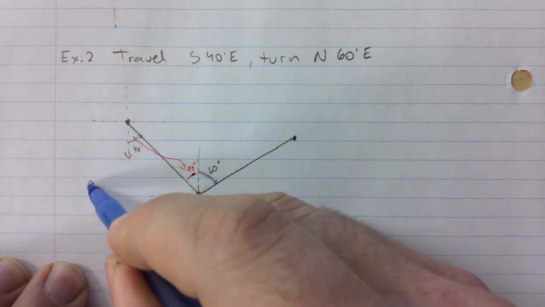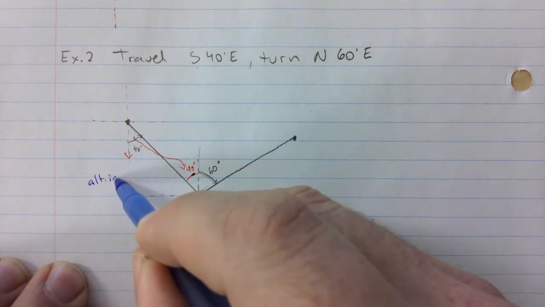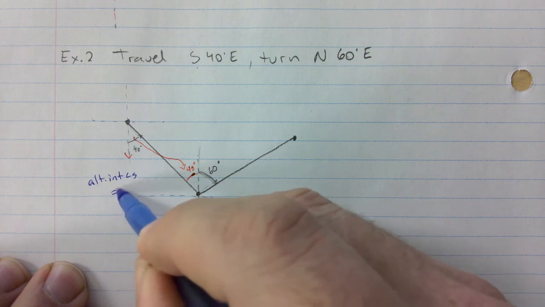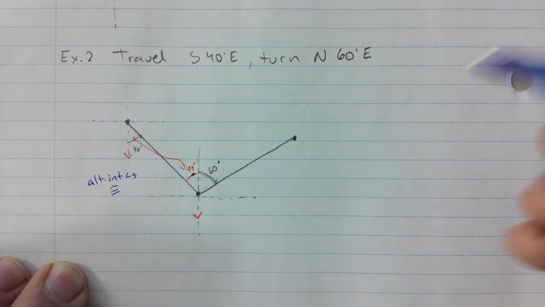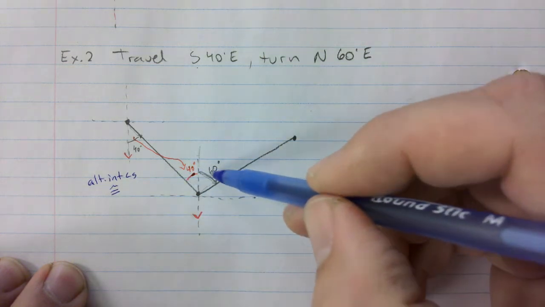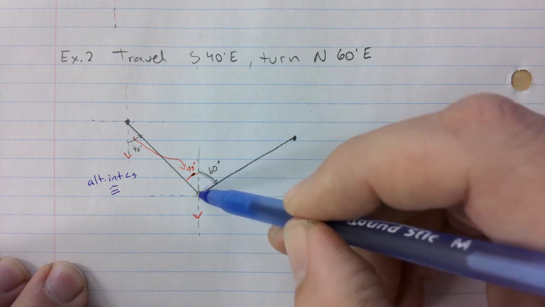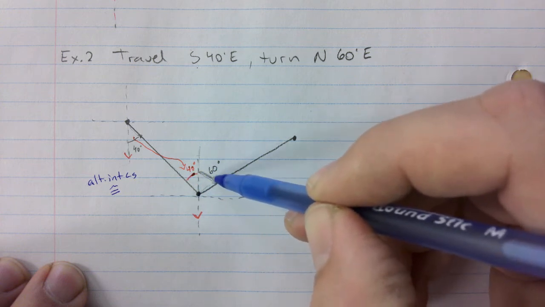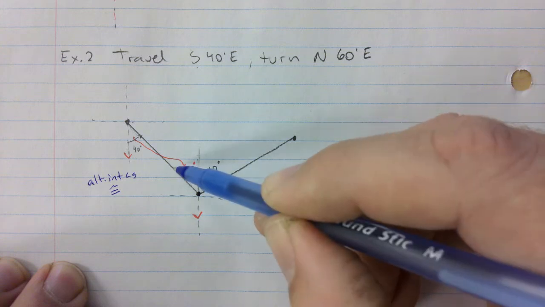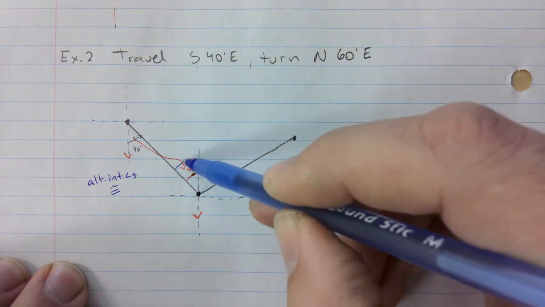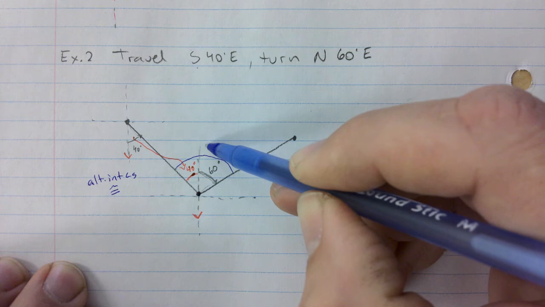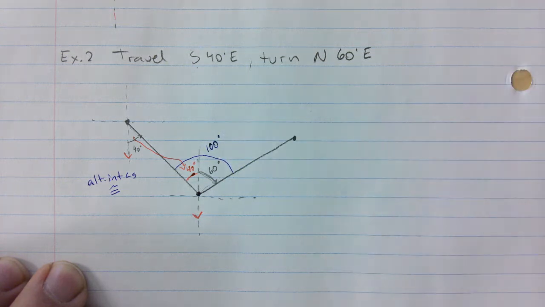You got that. Alternate interior angles are congruent. Okay. And now you know the angle here at this intersection, it happens to be 100 again. Just a coincidence, okay? So you know that this whole thing here is going to be 100 degrees.